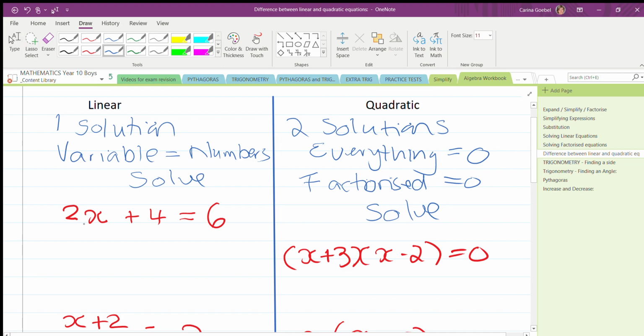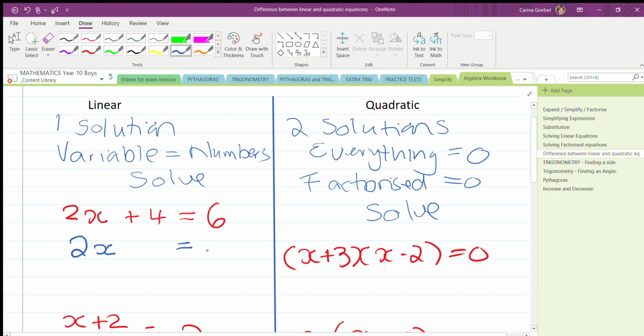So looking at the first one, I just want to change the thickness of my pen. We are going to put all our variables on one side and move all our numbers, our constants, to the other side. So this here has got a variable attached to it, so we will leave it there.